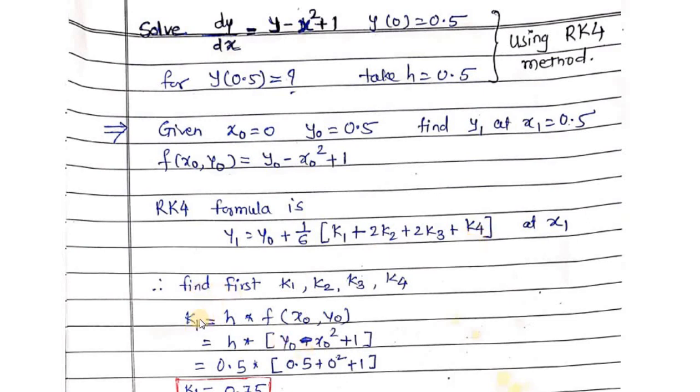First k1. k1 is equal to h into f of x0, y0. Here h is 0.5, x0 is 0, y0 is 0.5. Putting these values in the function y0 minus x0 square plus 1, we will get k1 equal to 0.75.